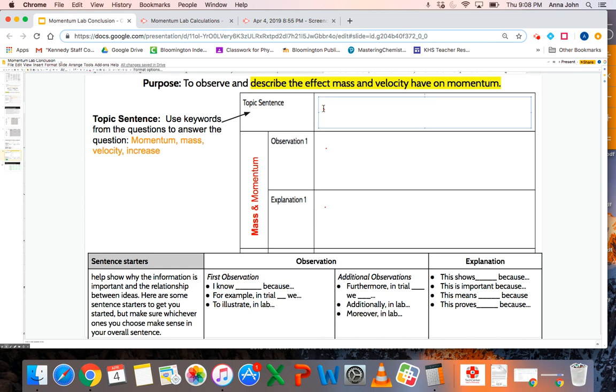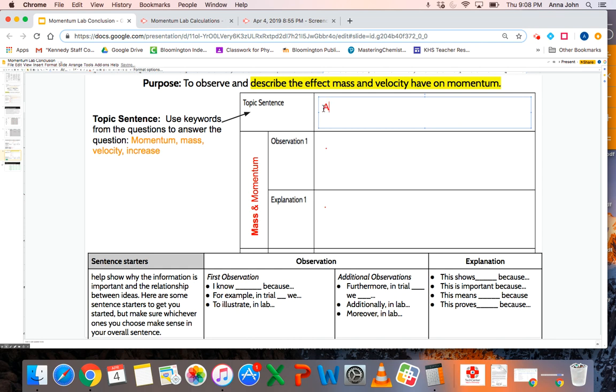So when I write my topic sentence, I want to describe that relationship. So I want to use keywords from the question to answer. So I need to make sure that I use momentum, mass, velocity, and then I can use increase or decrease.